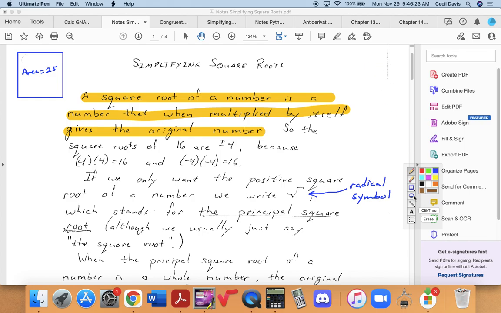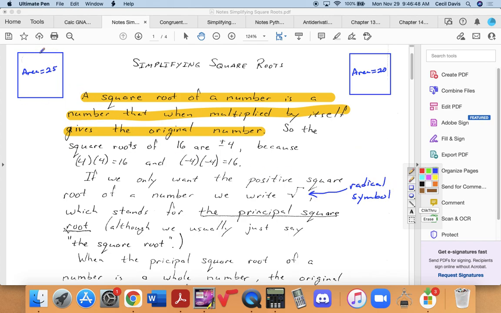And over here, let's draw a slightly smaller square and say that its area is 20. Everybody with me? Okay.